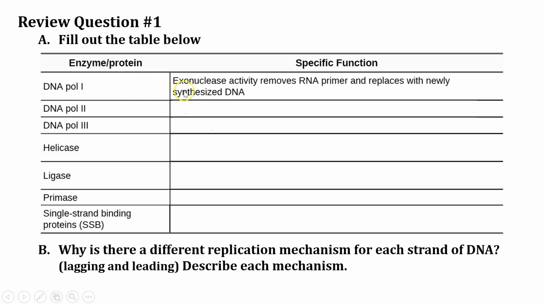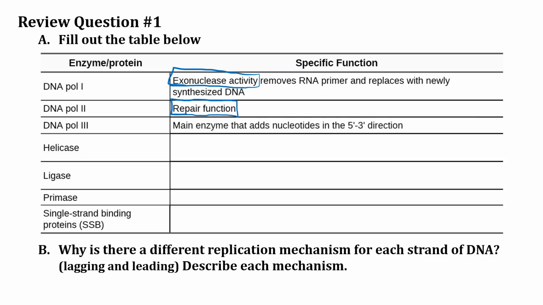DNA polymerase 1 has that extra exonuclease activity that removes all the RNA primers that are put on to the template strand. DNA polymerase 2 has more of a role in repairing DNA that's broken. So maybe not necessarily during this whole process of DNA replication, could be later on when any DNA damage is detected, and so on and so forth.